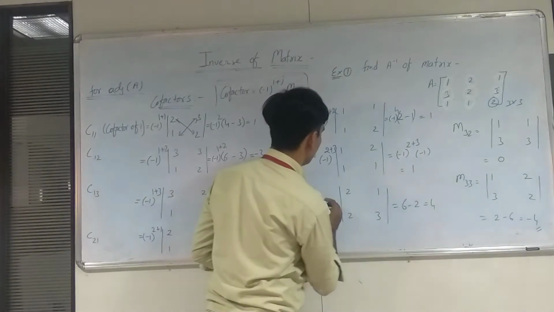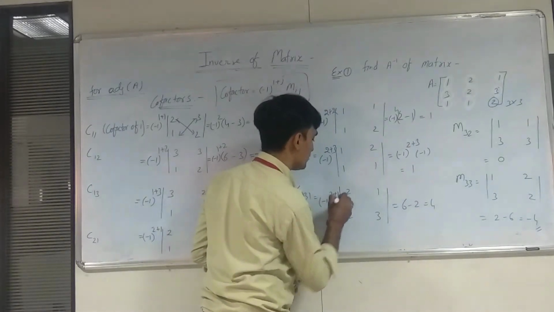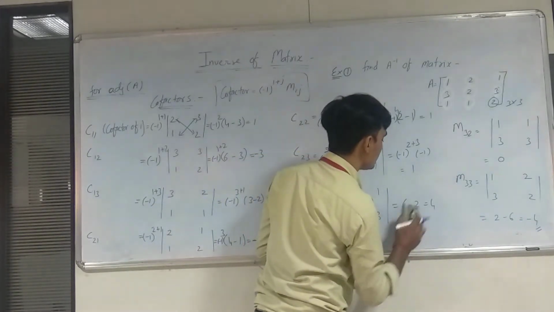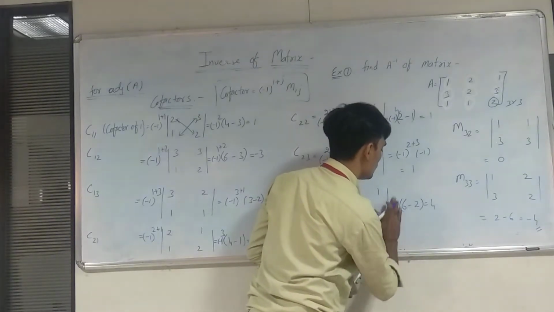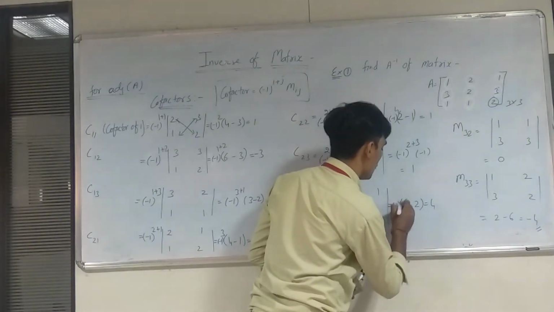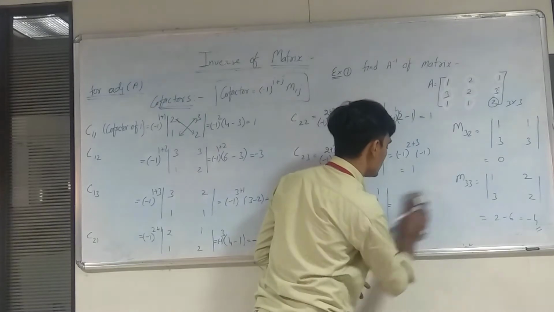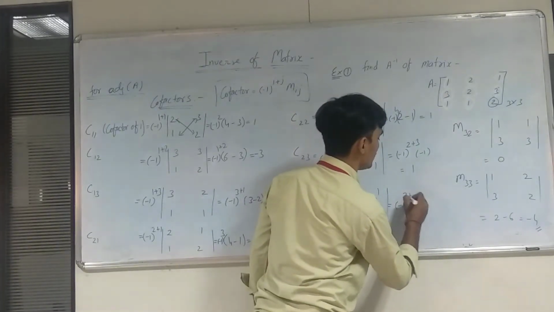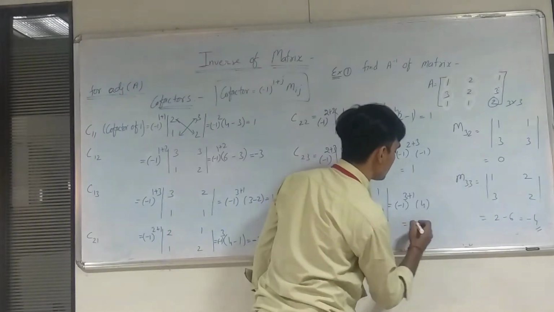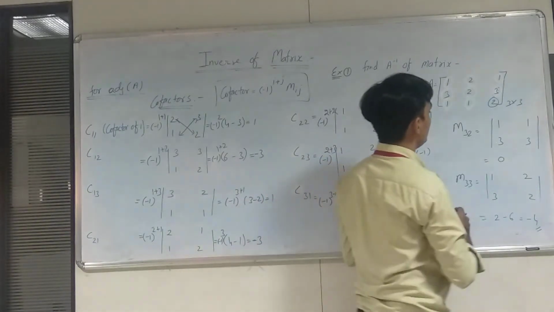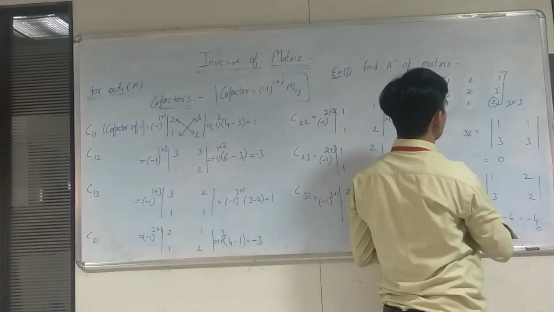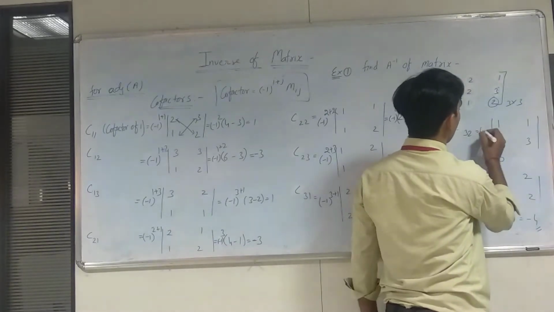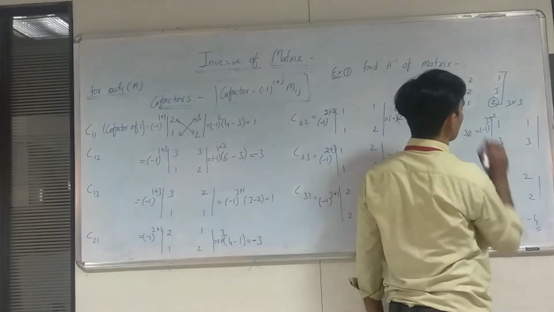C31 is minus 1 power 3 plus 1 into 4, so it is 4 as it is. C32, minus 1 power 3 plus 2.